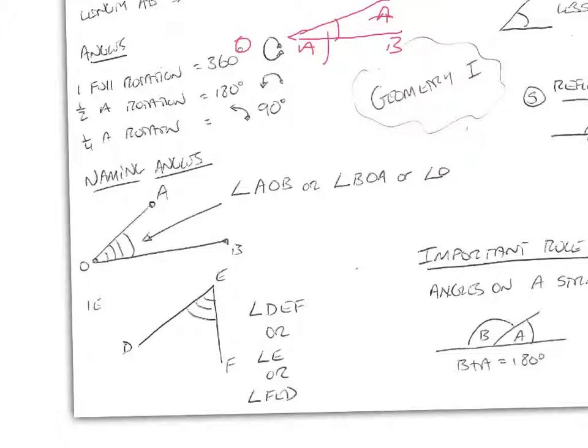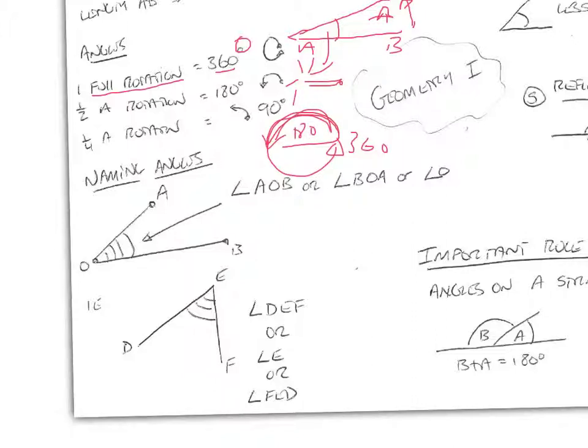The size of an angle depends on how much we rotate the lines they're attached to. A full rotation gives us 360 degrees. So if we start here and we rotate a line all the way about itself back to where it began, we've rotated through 360 degrees. If we go through half a rotation, that's 180 degrees, and a quarter of a rotation is 90 degrees.